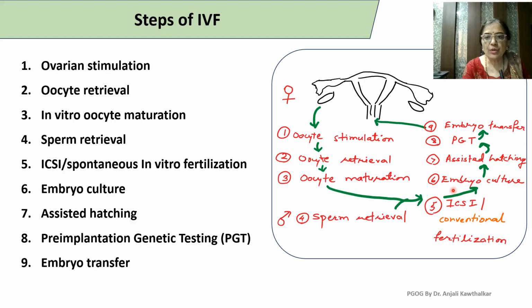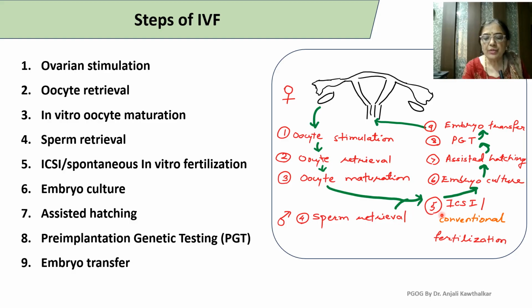After fertilization, on the embryo itself, we have another three procedures to be carried out, and only then is the embryo ready for embryo transfer. So first is oocyte stimulation. After the stimulation, next is oocyte retrieval. After we retrieve the oocyte, there is a step for oocyte maturation, and sperm retrieval to prepare the sperm.